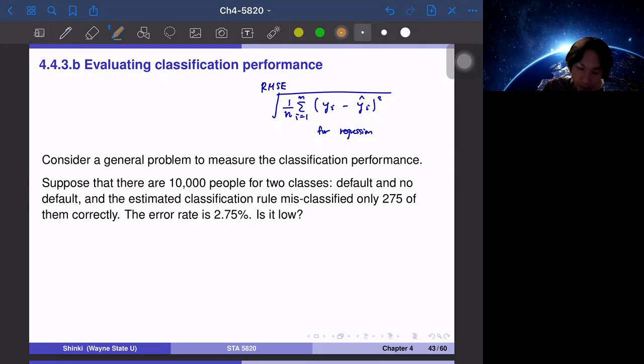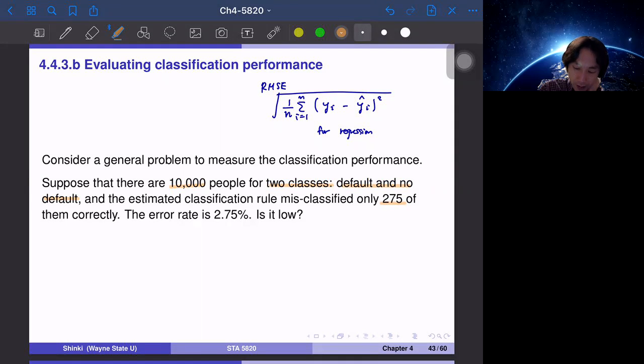Suppose that there are 10,000 people for two classes, default and non-default. So the 10,000 people are classified as either default or no default. So two classes. And the estimated classification rule misclassified only 275 observations.